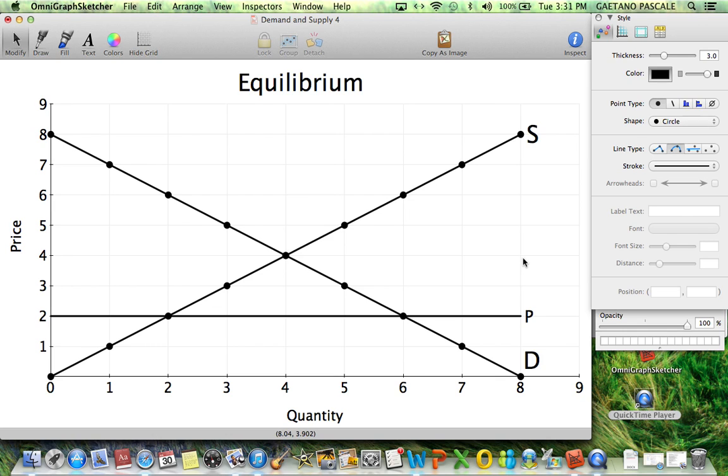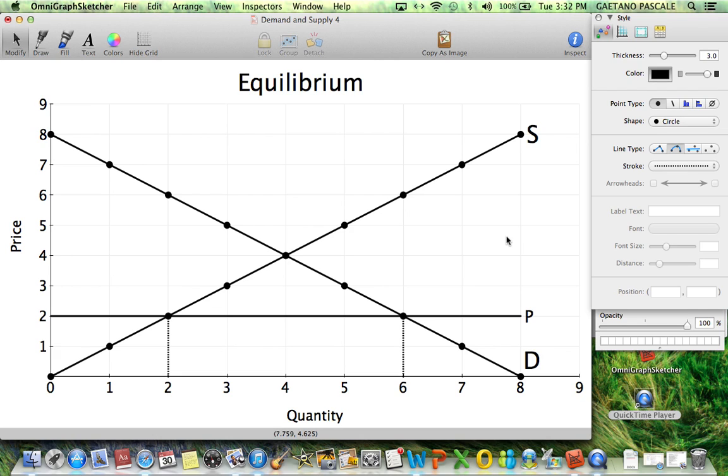To analyze this, let's take a look at what the quantity supplied and quantity demanded are going to be. If we move from the price across, what do we hit first? The supply curve. Our quantity supplied is going to equal 2. If we go from the price all the way over until we hit the demand curve and go straight down, that gives us our quantity demanded.